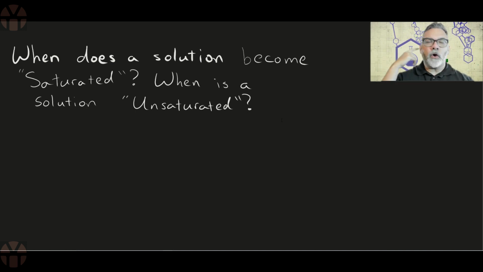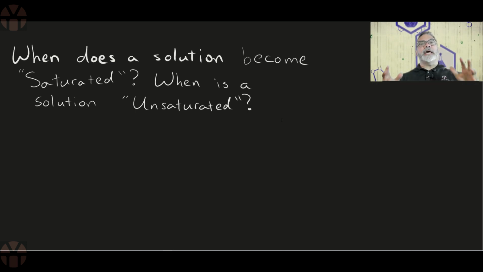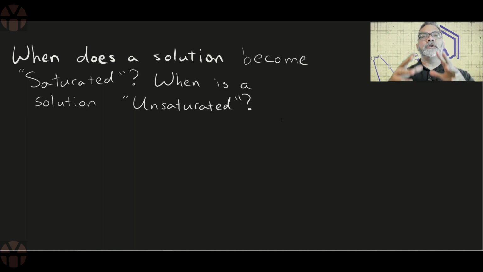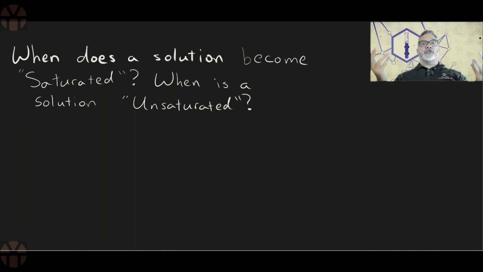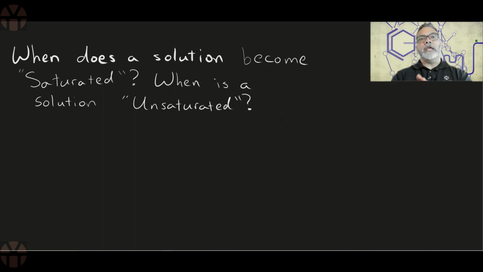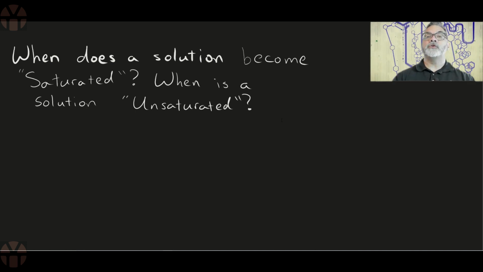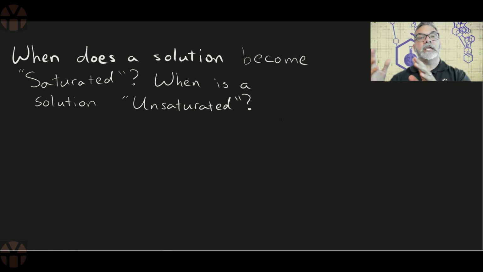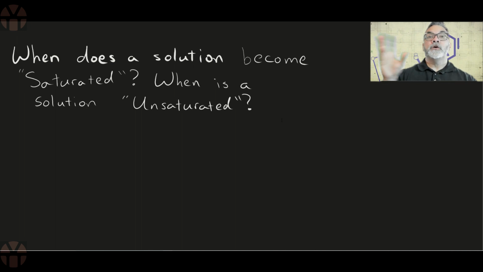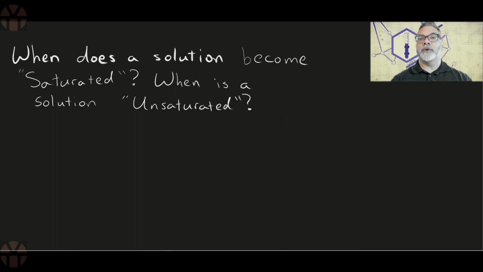You've heard those terms before, but in this episode we're going to apply this concept of saturation to an equilibrium expression, or to our solubility product equilibrium understanding. So, in a nutshell, here's what it means.